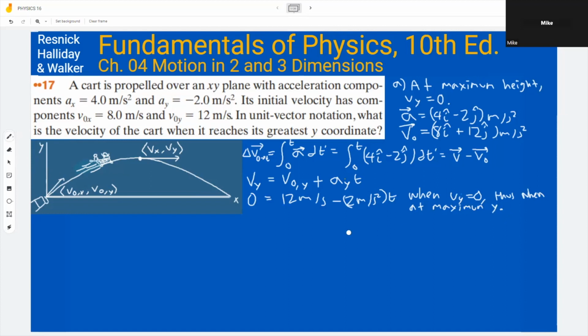Okay, so anong time? So that time is t equals 12 divided by 2, so 6.0.